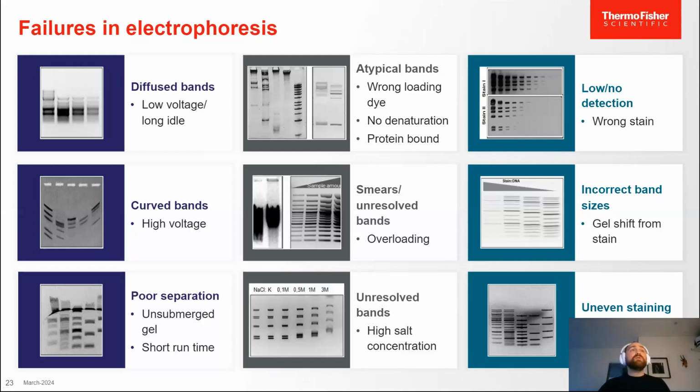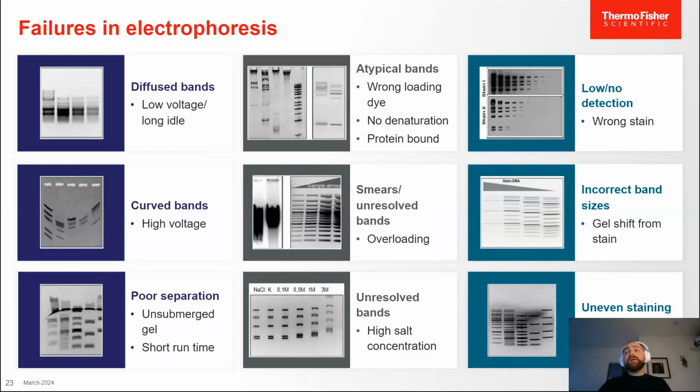It might just not bind to the form of DNA that you are using. For single-stranded DNA, in some cases, the stain is just not going to bind, depending on what stain you're using. So it's very important to know what form of nucleic acid you are testing, and to double check or triple check that the stain you are using is going to bind to that particular form of DNA.